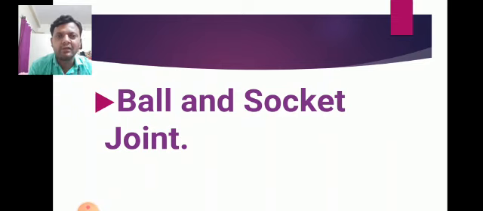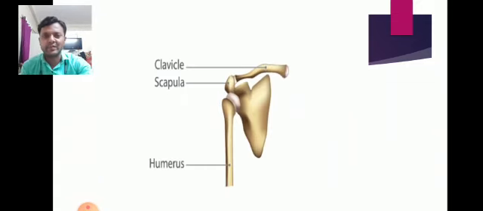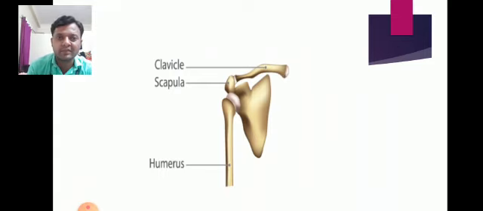We'll see the diagram of this joint first, then you will get a clear idea what exactly the ball and socket joint looks like. Here is the picture. You can see there is a ball-like structure and a socket-like structure as well.